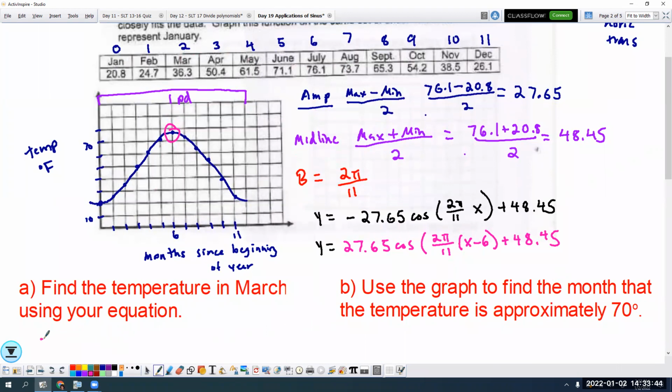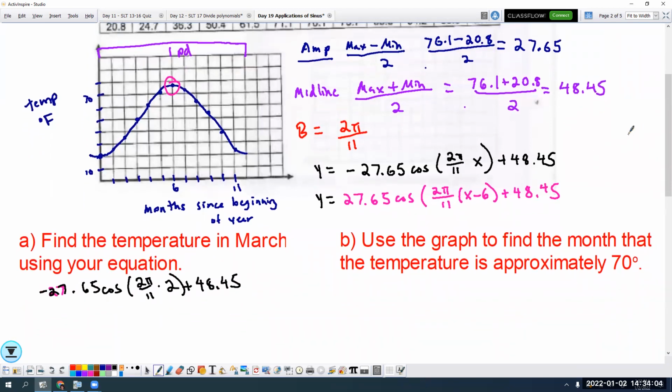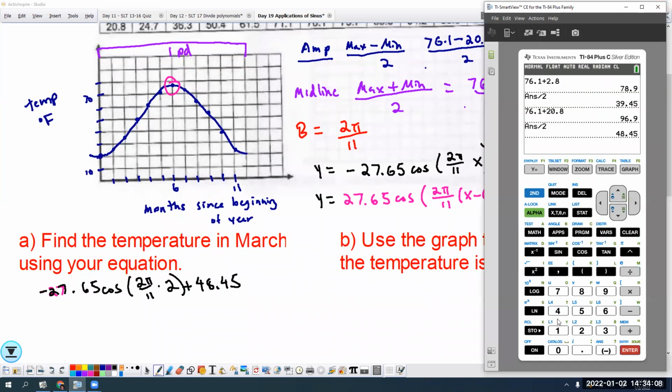So I'm going to go negative 27.65 cosine 2 pi over 11 times 2 plus 48.45. I'm using black because that's the equation I'm going to use. Grab our calculator. Negative 27.65.